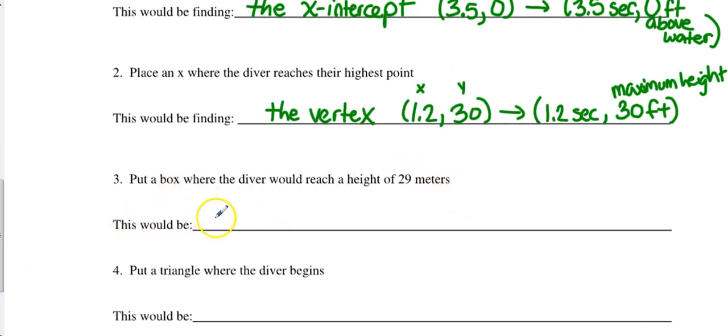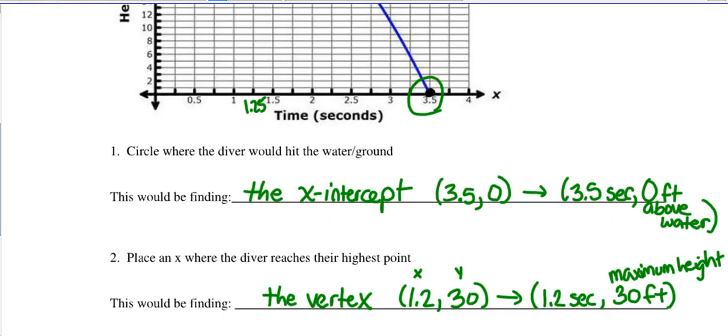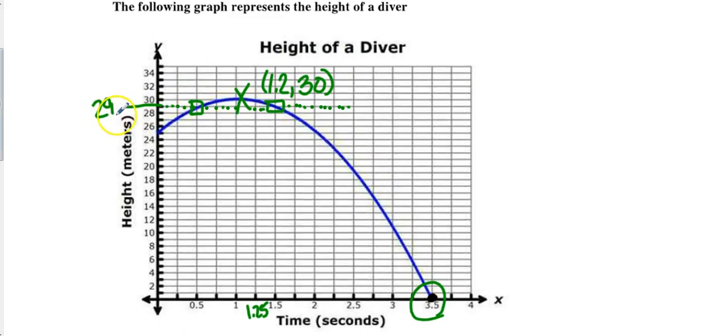So put a box where the diver would reach a height of 29 meters. We did that. This would be evaluating the function given y, find x. So we were given a value for y. Sorry, I keep moving the box on you guys. We were given a value for y of 29, and we had to go find these two x values.